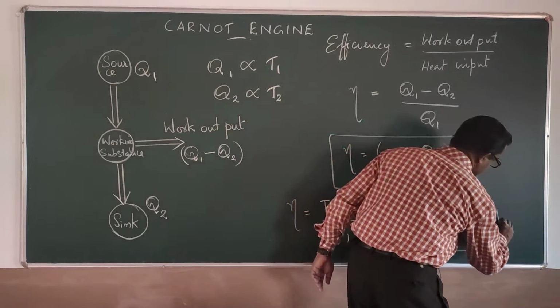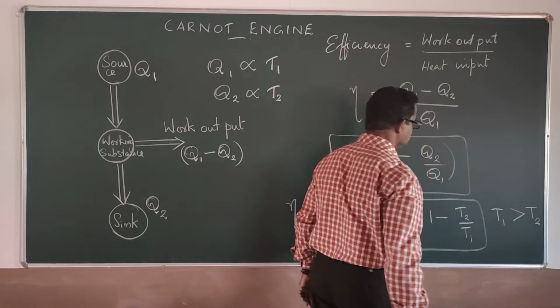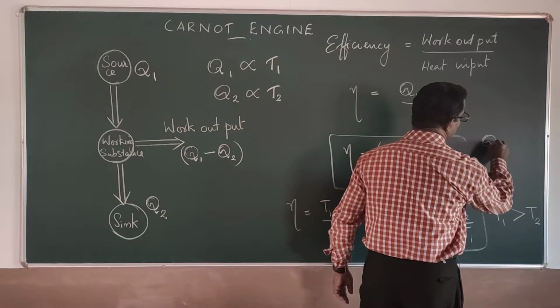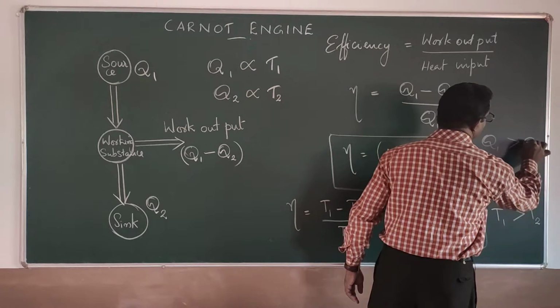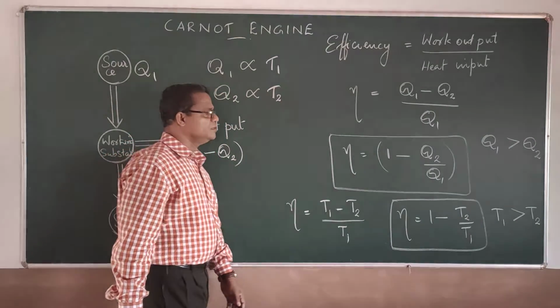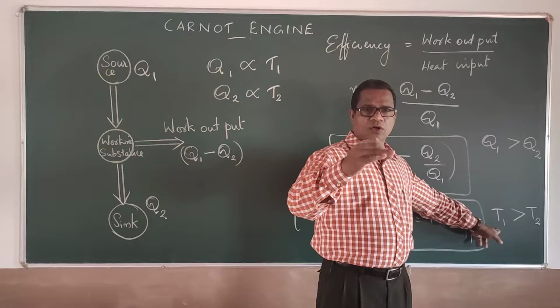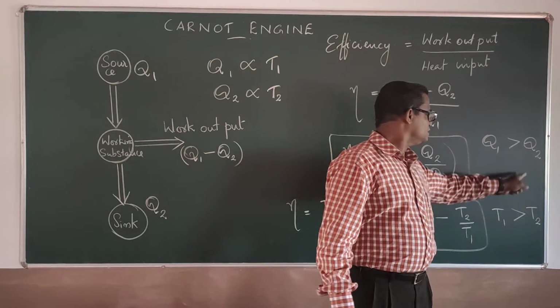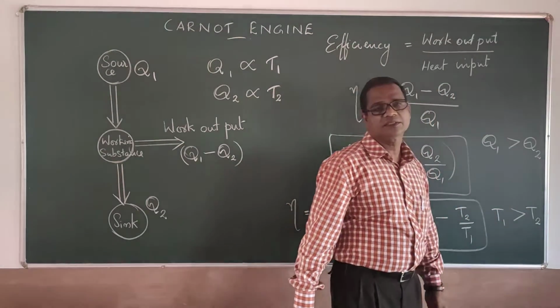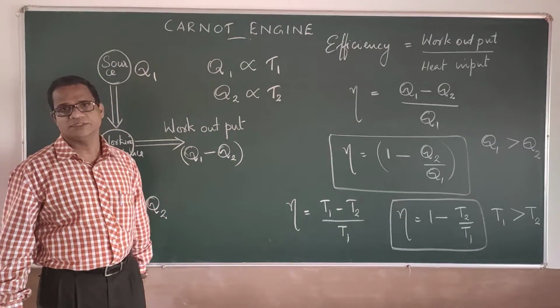Remember, T1 is greater than T2, and Q1 is greater than Q2, because Q1 and T1 are the source condition, the hot reservoir, and Q2 and T2 are the cold reservoir condition.